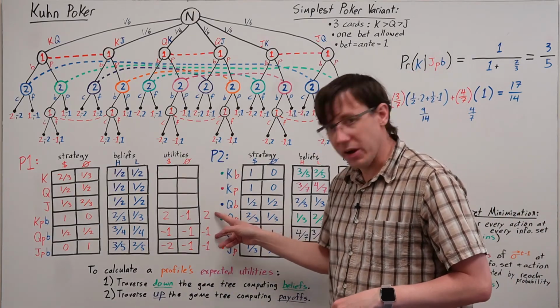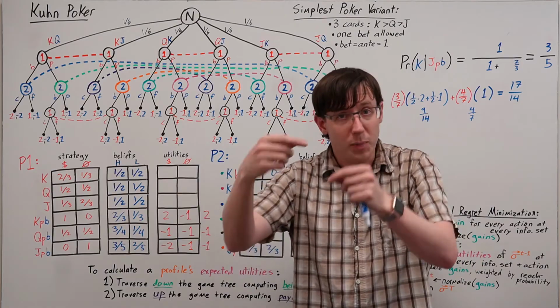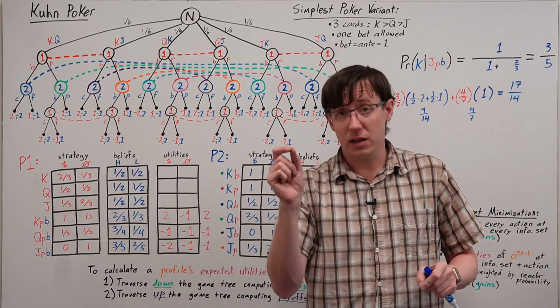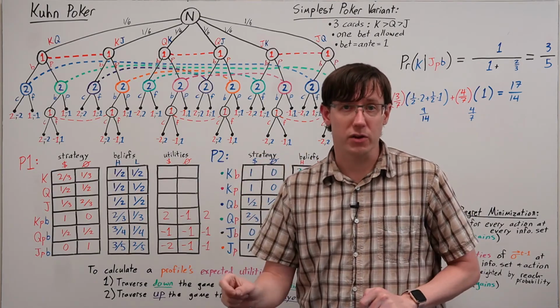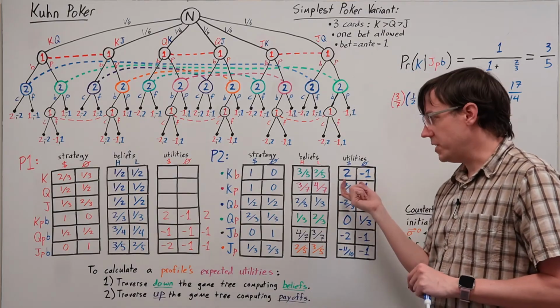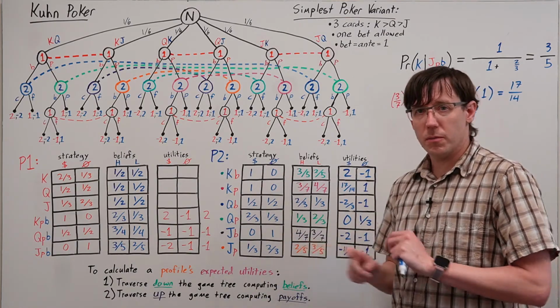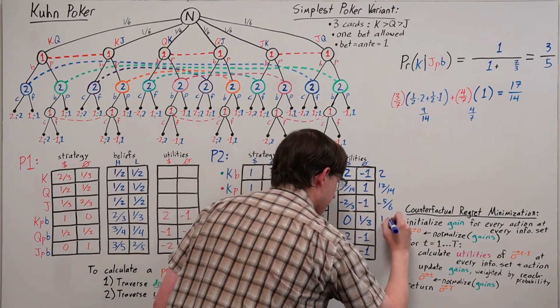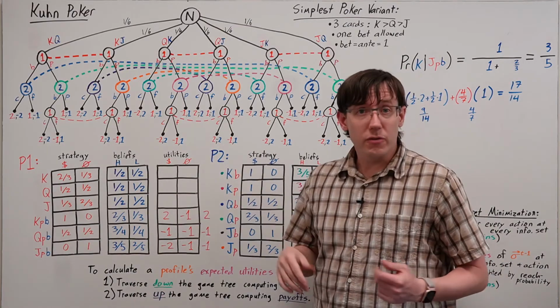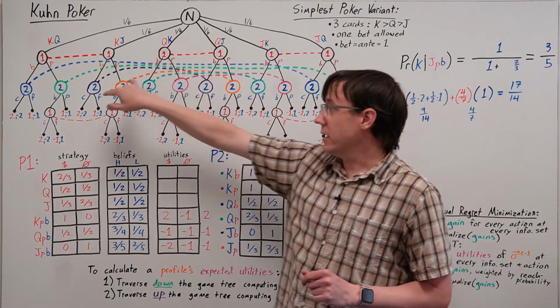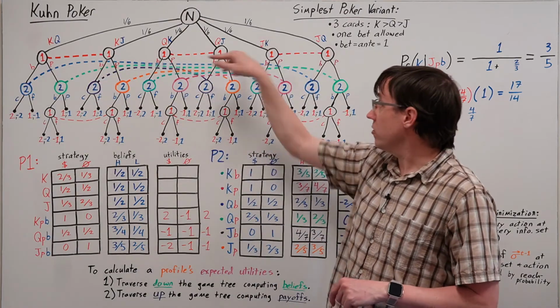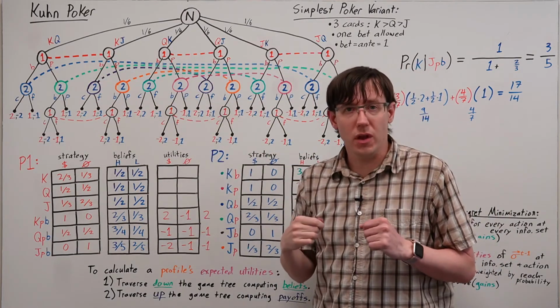As we did for player 1, we can calculate the expected utility of playing the actual behavioral strategy by multiplying these deviation payoffs by the strategy probabilities. And then we can finish our walk up the tree by calculating deviation payoffs at each of player 1's top information sets.